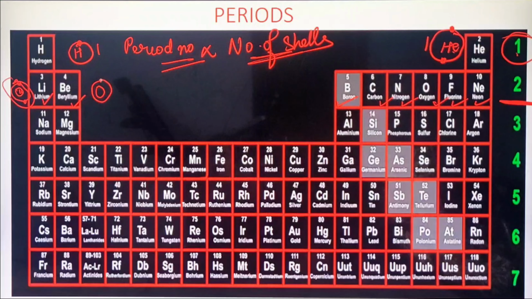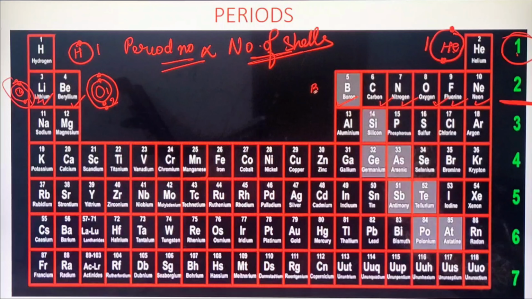Similarly, beryllium, the atomic number is 4, so the number of electrons that we need to arrange is also 4. Can you see here, children? How many shells does lithium have? Lithium has 1 shell, and this is the second shell. Beryllium has 1 shell, and this is the second shell.